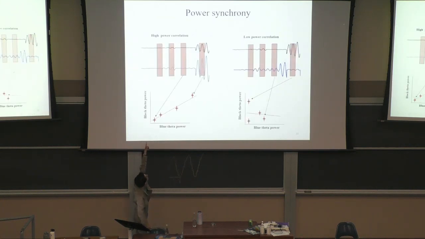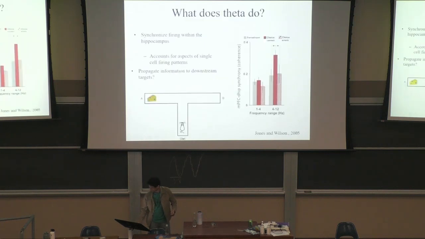In the first case, the sizes of the oscillations are correlated across time, the high power correlation. In this case, they are not. No, here they used a different measure, but that's getting too much into the technical weeds. It's a different measurement of synchrony across oscillations as well.